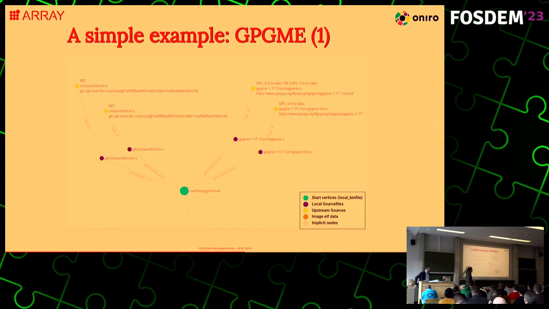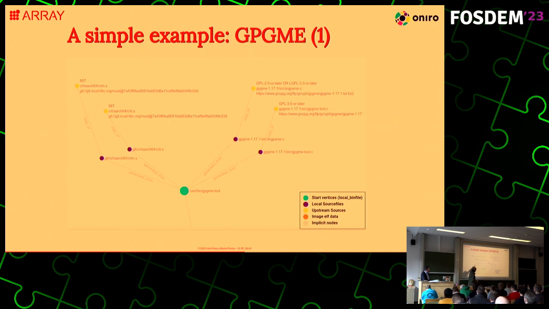So we collect in this graph database multiple sources of information. The yellow dots are the information coming from our audit team working on FOSSology, so file level source license information.